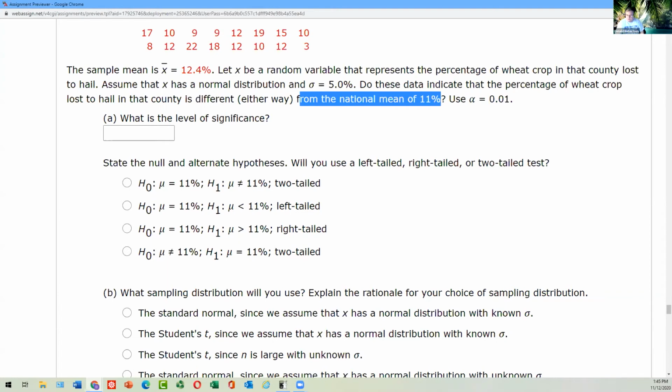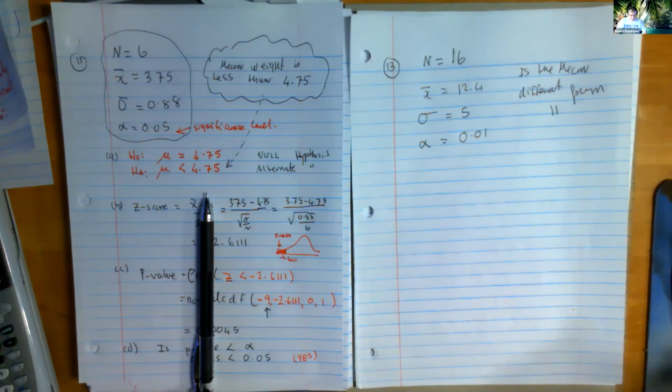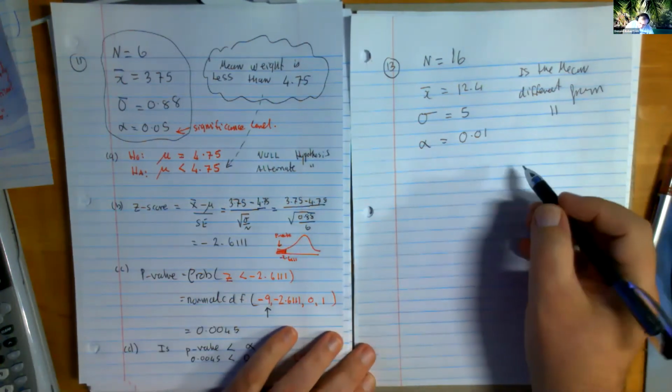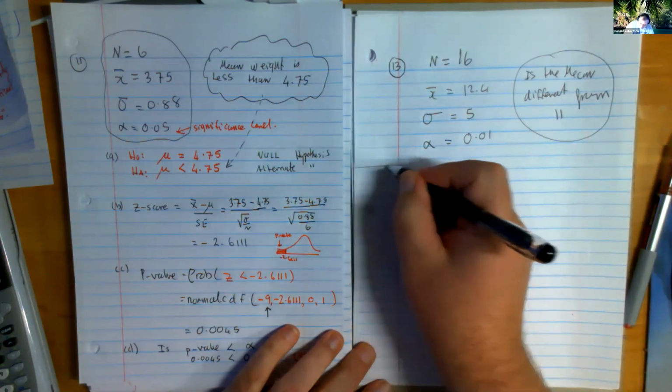So I'm going to put all this together, and we'll see what we get this time. This is the first time we've ever had "is different from." So let's show you what that looks like.